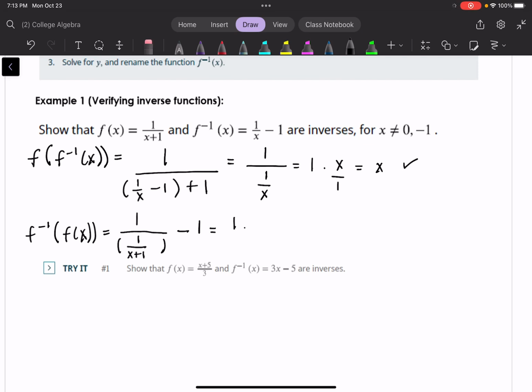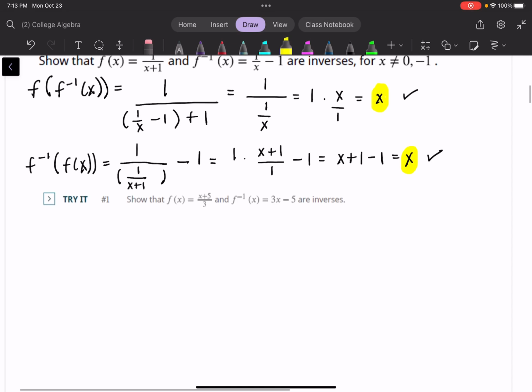Again, dividing a fraction is just multiplication by its inverse. So we'll just have x plus 1 minus 1, which is clearly x. So the verification was successful in both directions, and they are inverses because both of these compositions yielded x in the end once they were fully simplified.